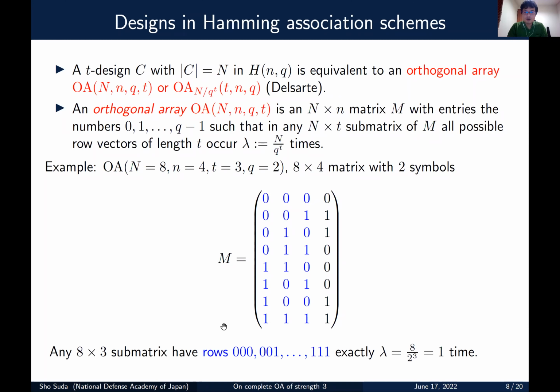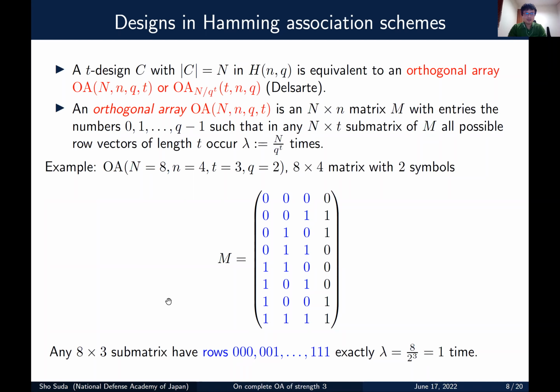If you look at all the rows of this submatrix, we can easily check directly that all possible vectors of length 3 with two symbols appear exactly the same number of times. In this case, the repetition number is 1.